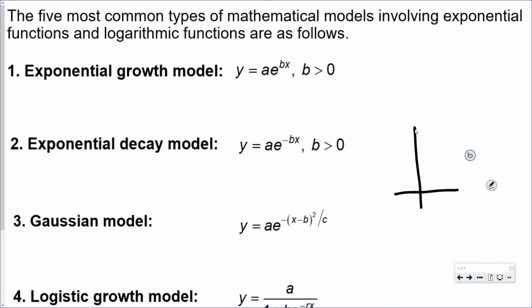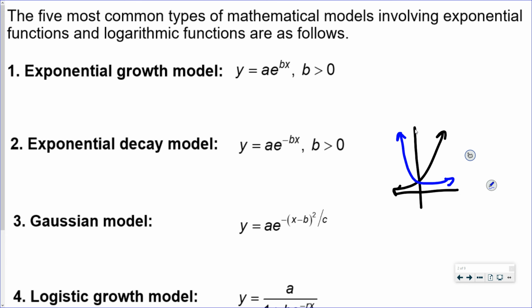You don't have to write this down, but here's my base e normal function, my natural base function. If my exponent's negative, what transformation does that do to my graph? There's a negative with the x. Reflects over the y. So now it becomes decay.